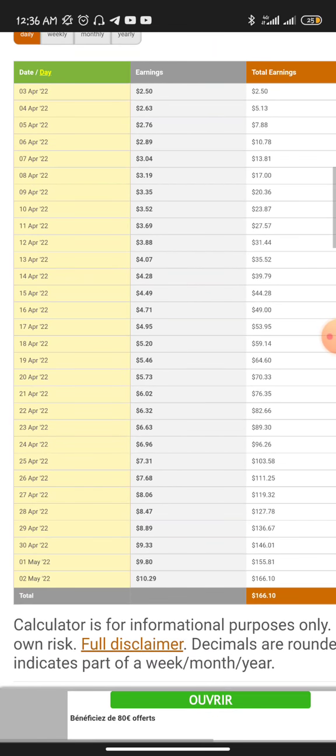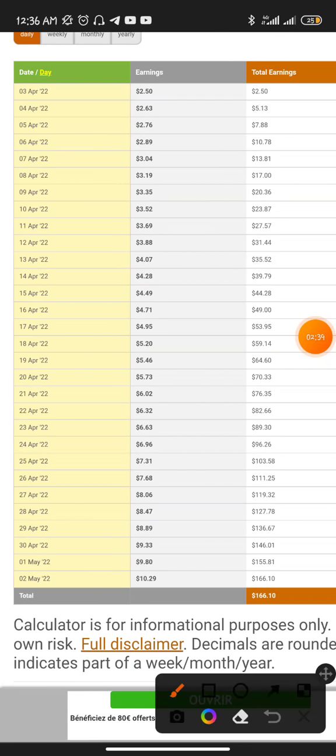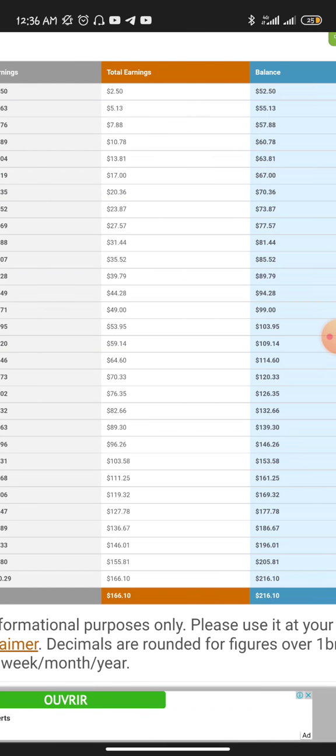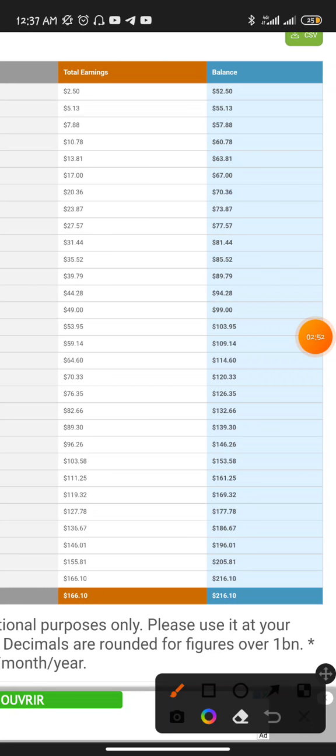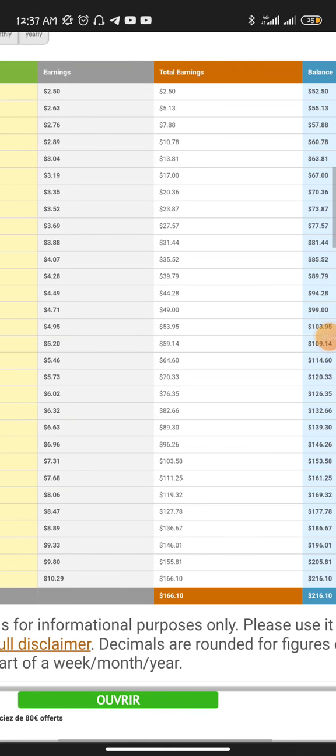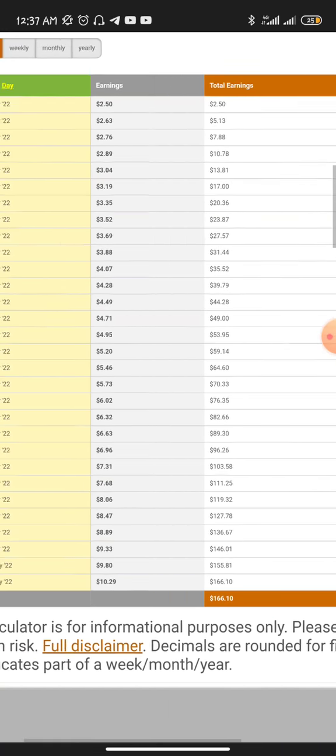As you can see, on the last day, which is May, your balance will be $216. You understand now? So $216 currently now. So your total earning will be 166 according to this calculator.